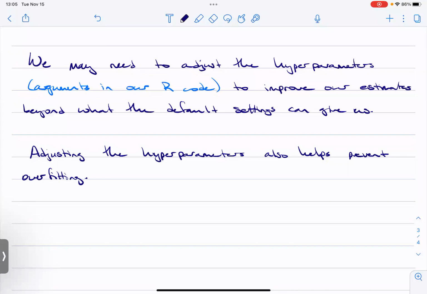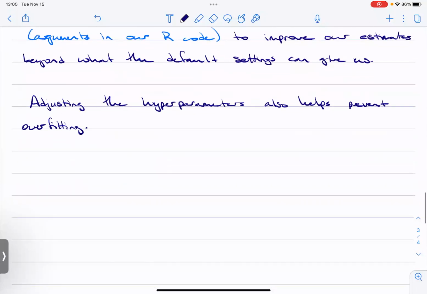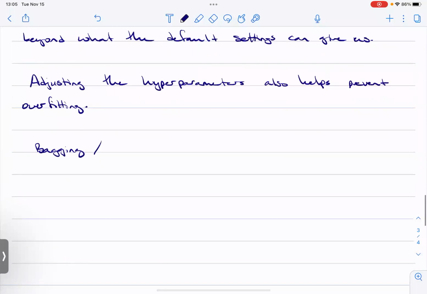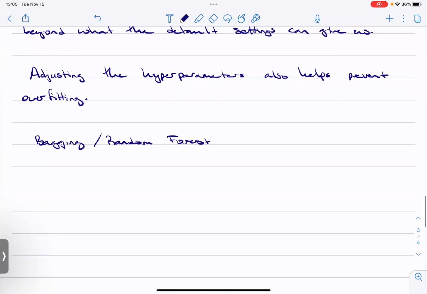Bagging and the random forest can be done with relatively little tuning.